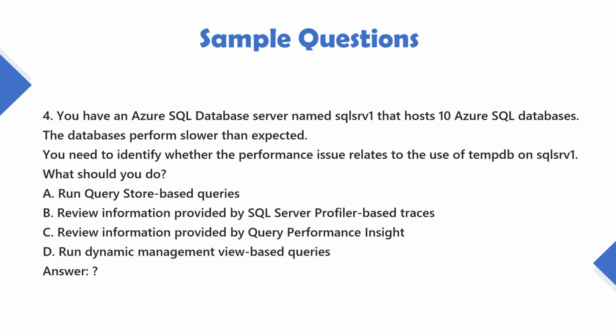What should you do? A. Run Query Store-based queries. B. Review information provided by SQL Server Profiler-based traces. C. Review information provided by Query Performance Insight. D. Run dynamic management view-based queries.